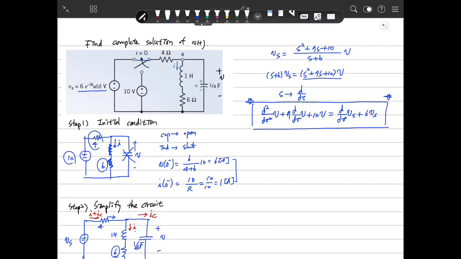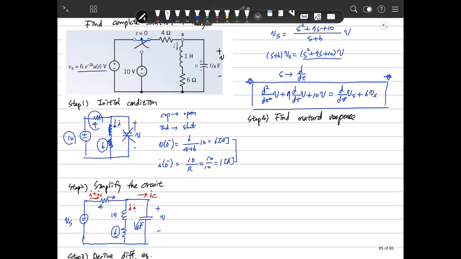Then step 4, find the natural response. Based on here, we got the characteristic equation: s squared plus 7s plus 10 equal to 0.